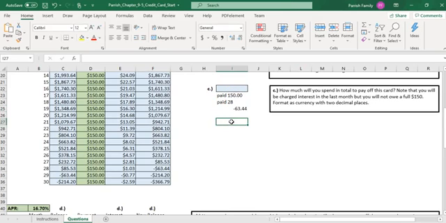So I paid $150 for 28 months. And so that means 150 times 28. But then that last month, I got $63.44 back. So what we're going to do is take the 150 times the 28, and then we're going to subtract out that 63.44 or figure that into the formula.